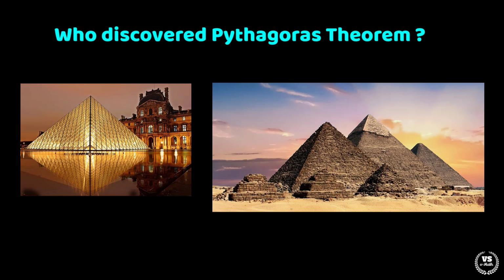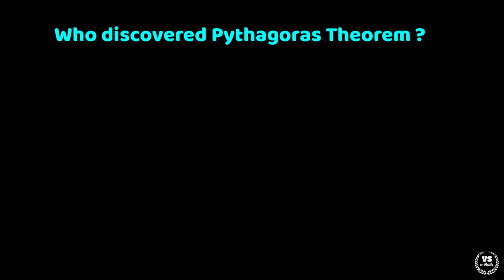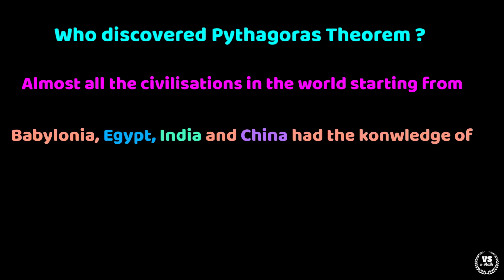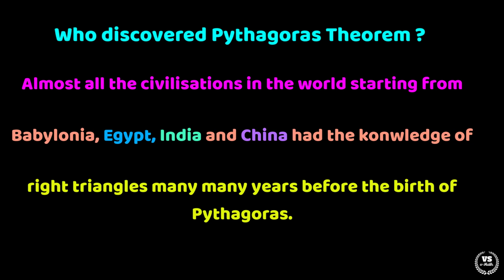Let us time travel backwards and try to explore the truth. Almost all the civilizations in the world, starting from Babylonia, Egypt, India, China, had the knowledge of right triangles many years before the birth of Pythagoras.